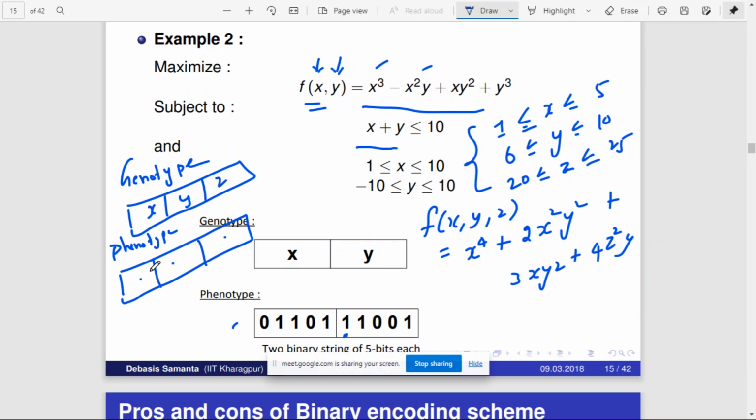Yes. Can I put 6 here? For X, can I keep 6? No. Can I keep 3? For Y, can I keep 7? Yeah. For Z, anything between 20 and 25, maybe 21, right? So this is an example for genotype, and this is one example for phenotype, right?